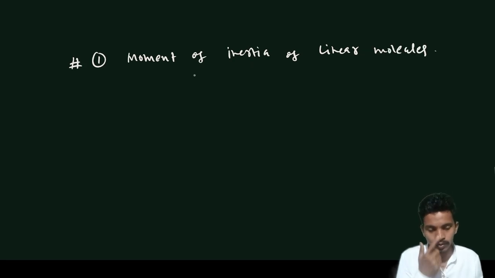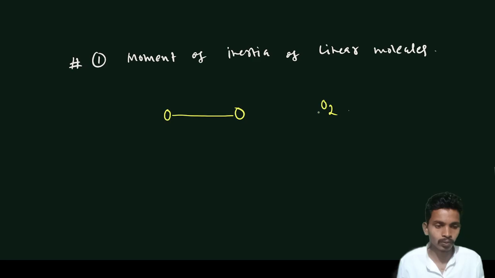Let's say the molecule has the same atoms, one atom here, another atom here, an O2 type molecule.